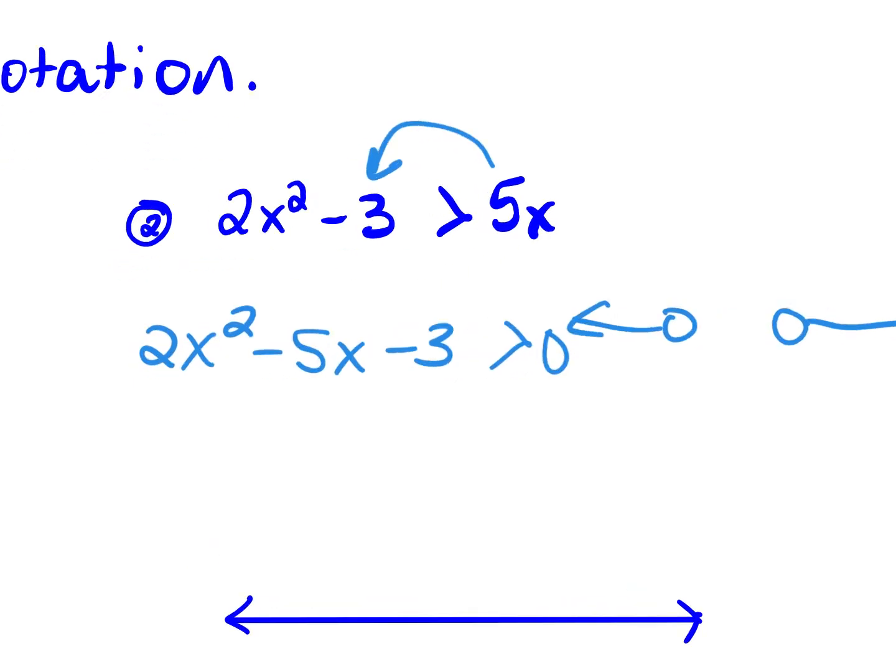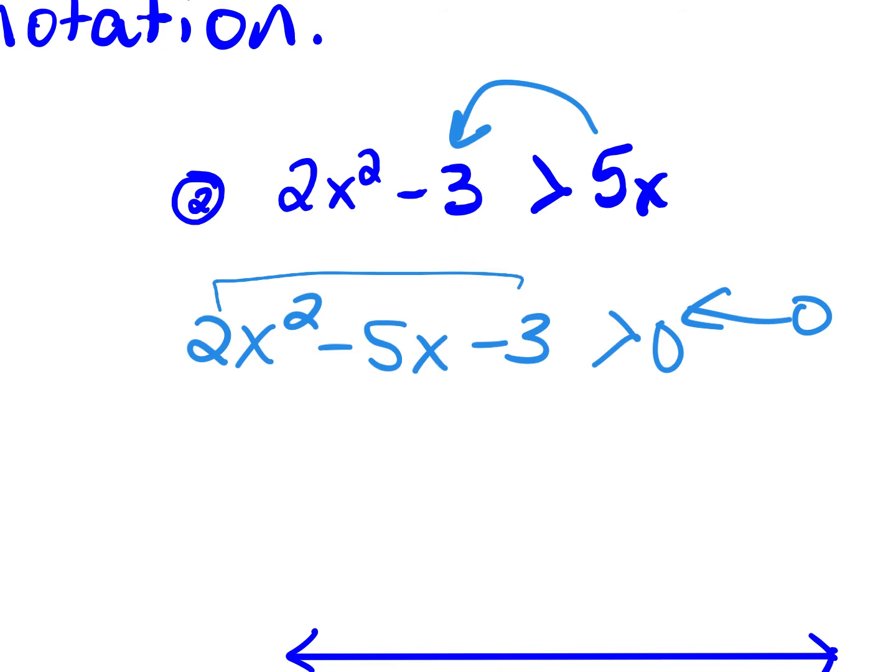So now we go through and we factor. So I say a times c. Factors of negative 6 that multiply to give me negative 6, but add to give me negative 5. Negative 6 and positive 1. Agreed? Okay, x minus 6 and x plus 1, correct? Can I just leave it like that, Kiara?